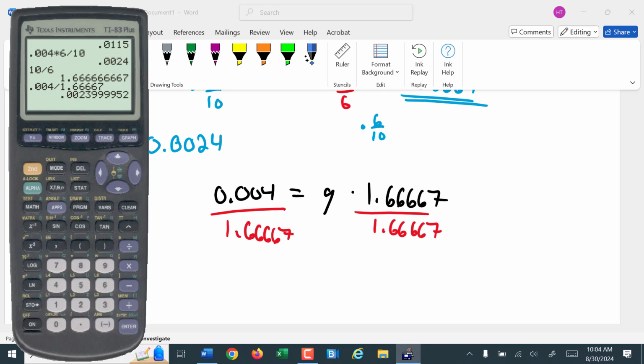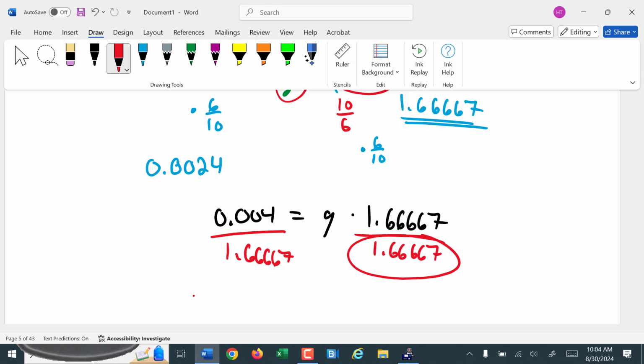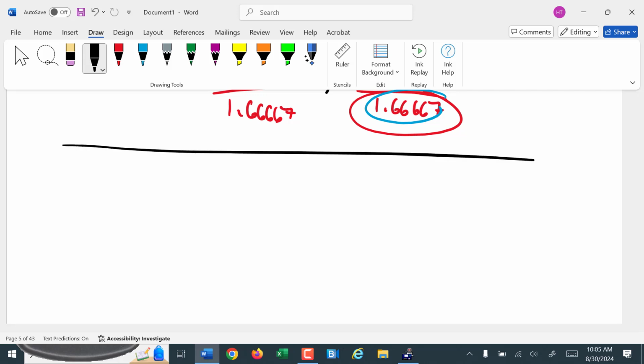So we should get approximately the same answer. You can see it's a little bit off because of the rounding in the answer. How do we know that we have to divide by the 1.667 here? Yeah, we have to get rid of it. It's multiplying g, so to get rid of it, we do the opposite. That's why we have to divide by the 1.667.